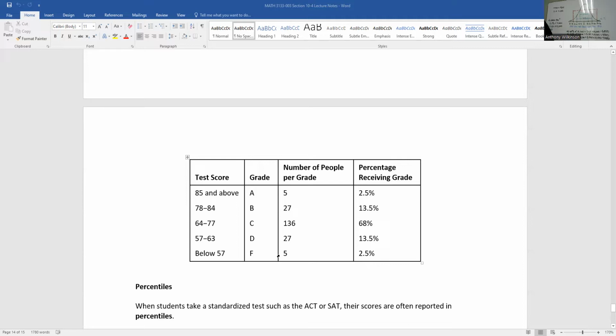Only 5 will fail the course. 68% of 200 would be 136, meaning 136 students would get a C in that class. So this is what grading on a curve means.